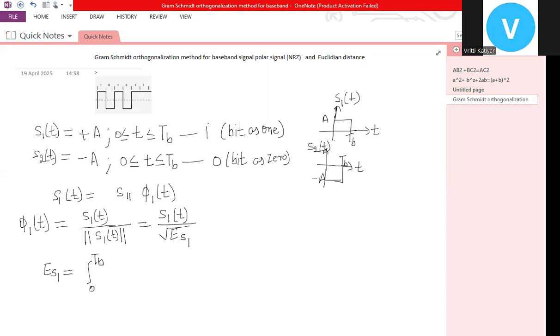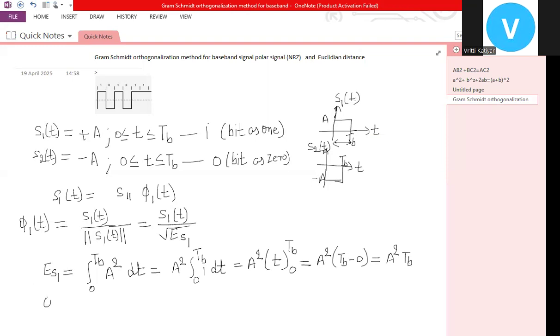All of us can see the signal is in the interval of 0 to TB and the magnitude of the signal S1 is A, so the integral of A squared dt gives A squared times the integral of 1 dt from 0 to TB. The integration of 1 with respect to t is t, from 0 to TB, which gives the value A squared TB.